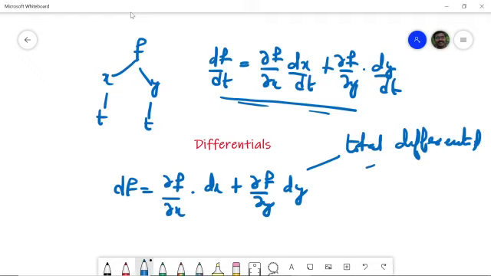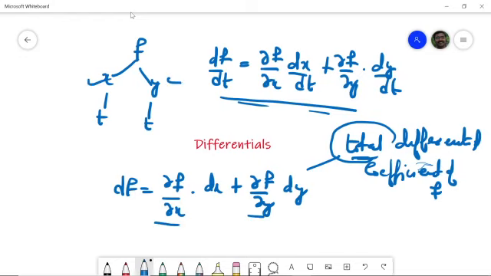It is called total because you are taking the derivative with respect to all the variables on which f is dependent. So f is dependent on x and y, and you are multiplying with dx and also dy respectively.